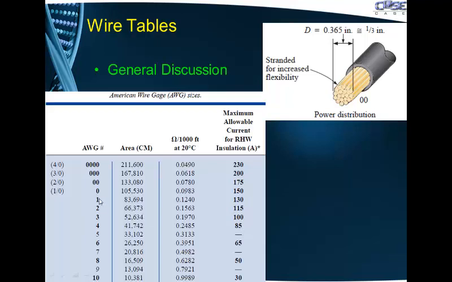For example, a wire with gauge 1 can carry a current of around 130 amperes as compared to the gauge 2 wire, which can handle a current of 115 amperes. So as the gauge number increases, the capacity of the wire decreases.